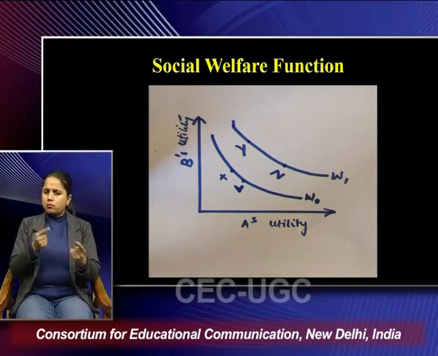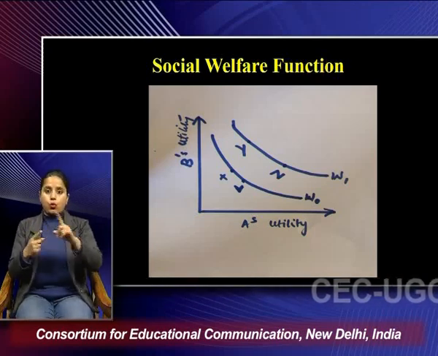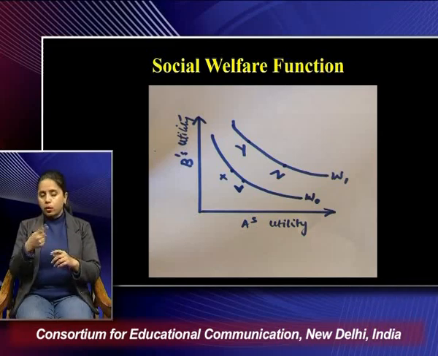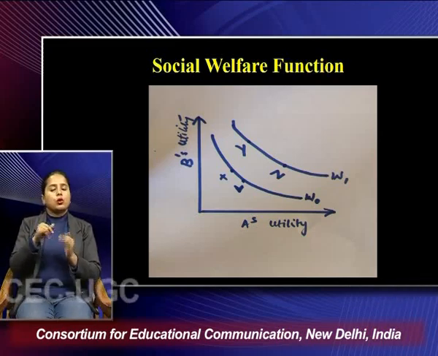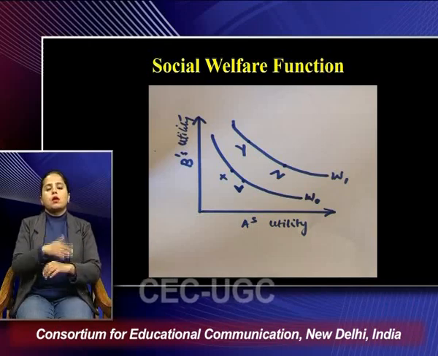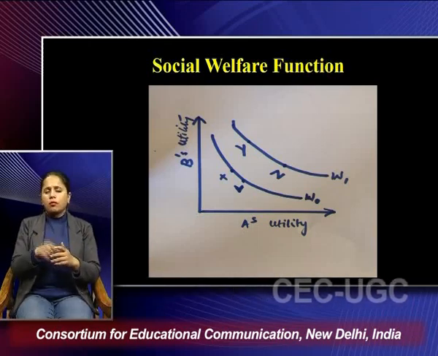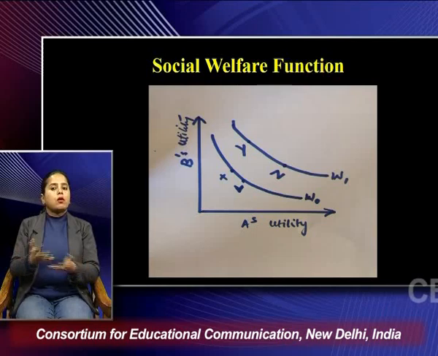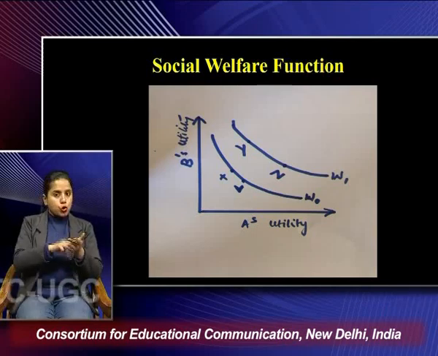Similarly, if you move from W naught to W1, it means you have moved from one level of social welfare to the next level. As is very evident, the social welfare has increased from W naught to W1.